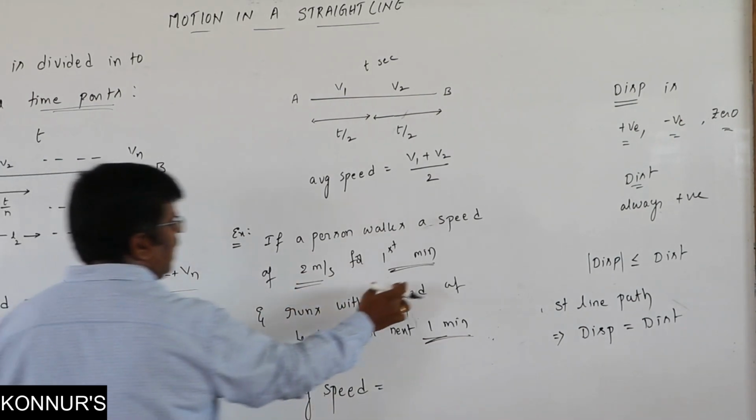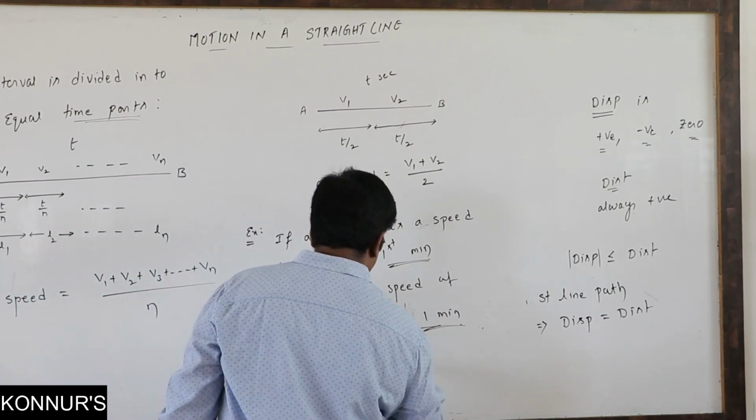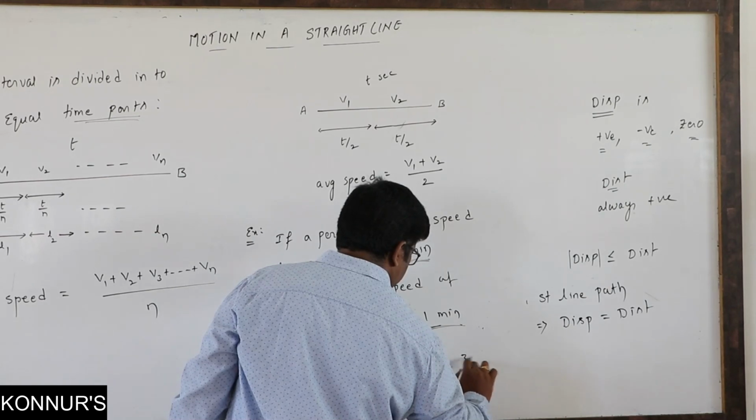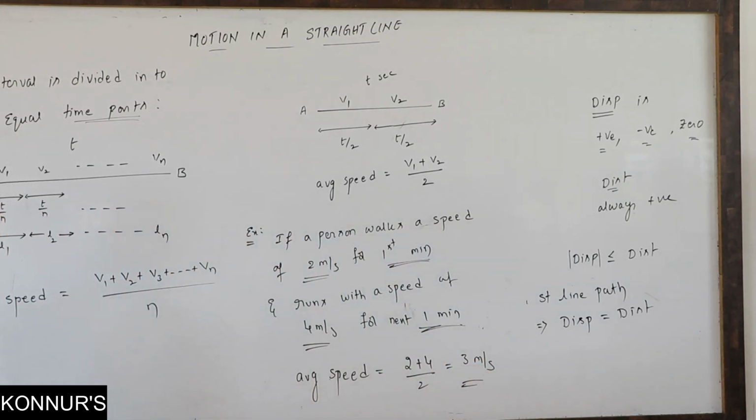When the time is divided into equal parts, we can say 2 plus 4 by 2, that is 3 meters per second, is the average speed. So when the time is equally divided, the average speed is nothing but the normal average of the speeds. Then we can go for the next case.